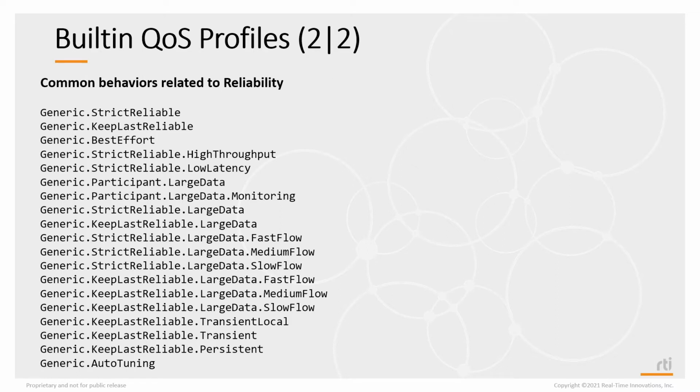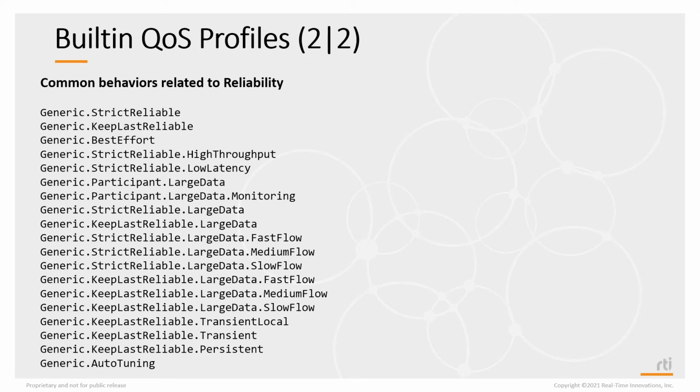Okay, for a particular use case, by looking at the definition of these built-in profiles, you'll see what RTI experts, RTI system architects, through our experience, have found to be the most relevant QoS policies and settings of those policies for a particular use case.